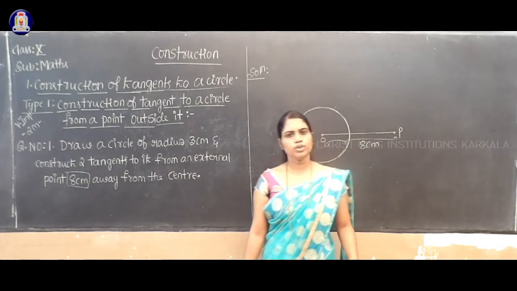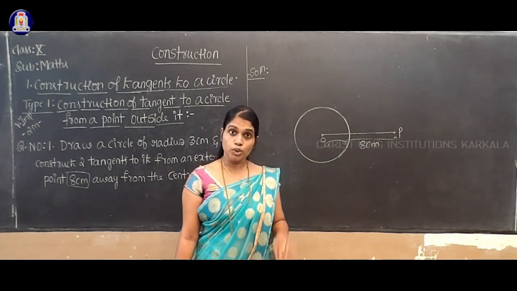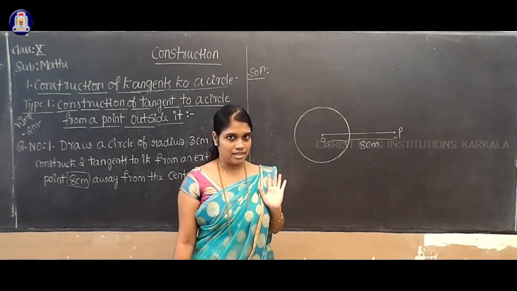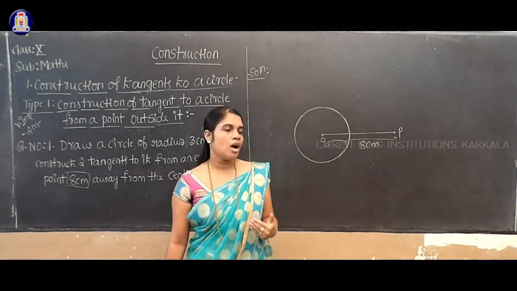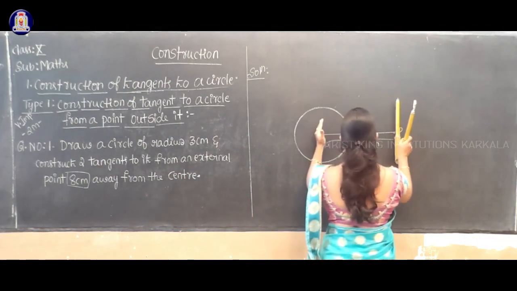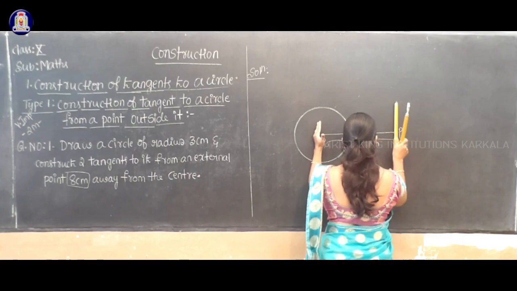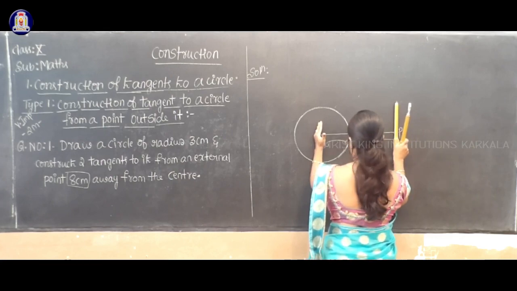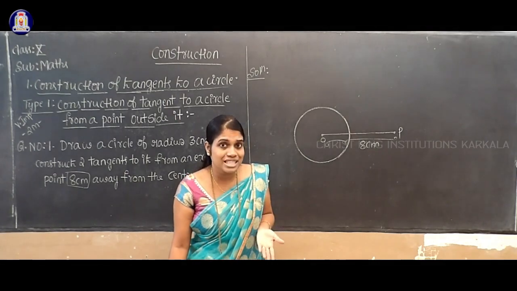How to draw? Students have already studied how to draw a perpendicular bisector, isn't it? Now I will draw the perpendicular bisector of this line OP. How to draw a perpendicular bisector?